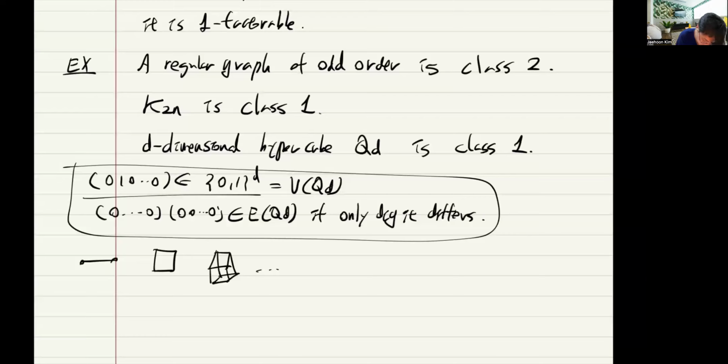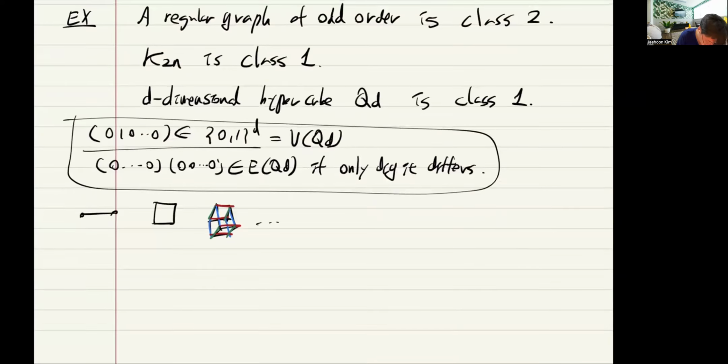It's easy to check: you take a hypercube of one less dimension, two copies, and put a matching between them. You color all this matching with one color, and then the other perfect matchings you can color iteratively. Then you can actually color it with delta colors, d colors, since the maximum degree is simply d.